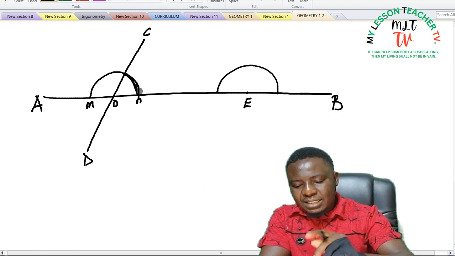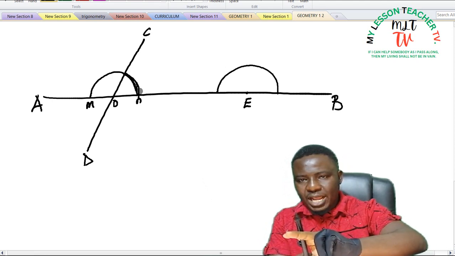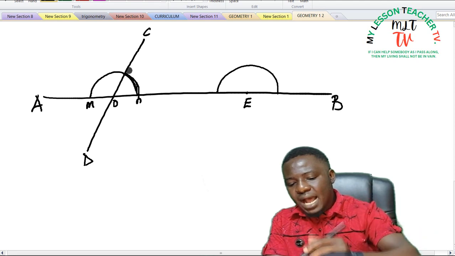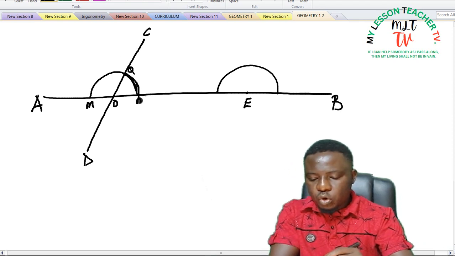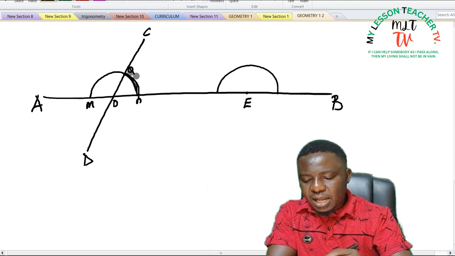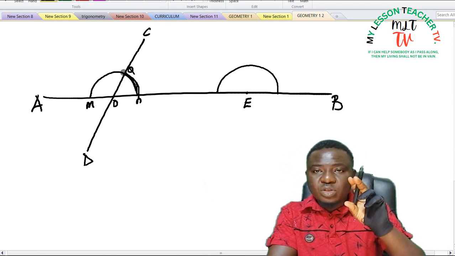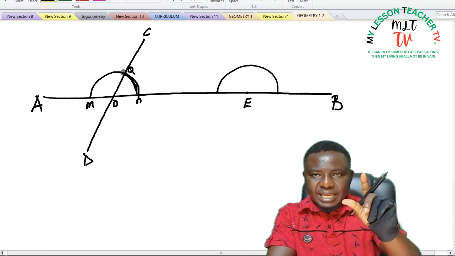With N as center, put your compass, the pin edge on N, and extend the other leg to get to a point, let me call this Q. Once you have gotten that, don't adjust the compass again.